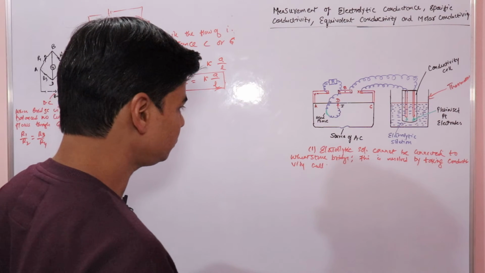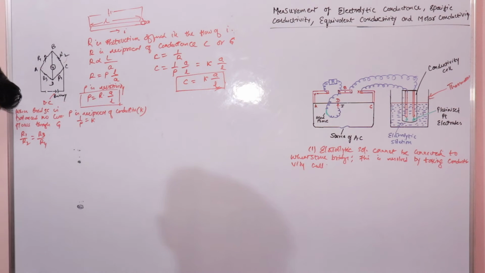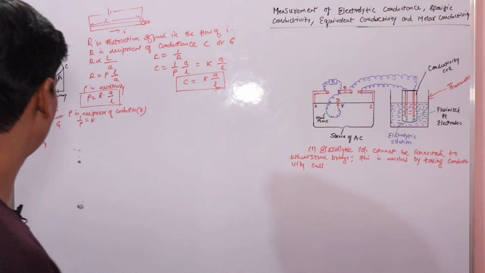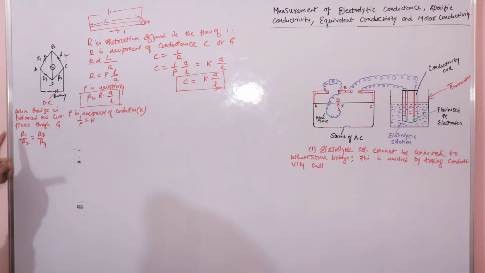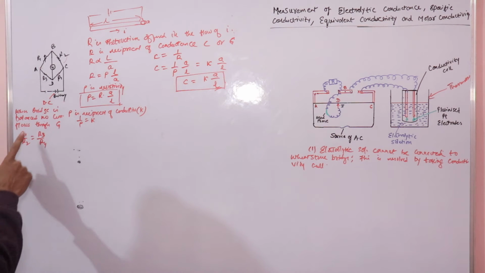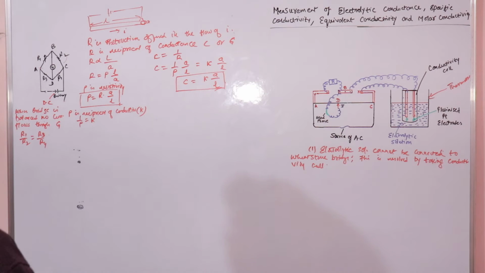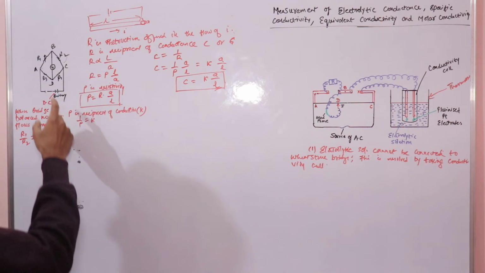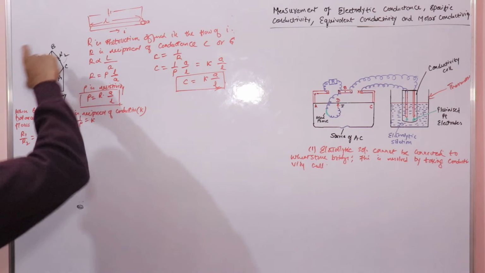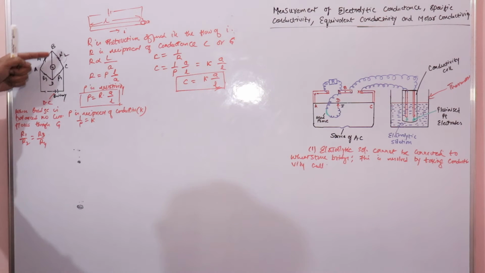Now, the second problem is, or the second thing is, when I reached this relation, R1 upon R2 equals R3 upon R4, I passed direct current, right? And then I arranged these resistances in such a way that no current flows through this point B and D, right?